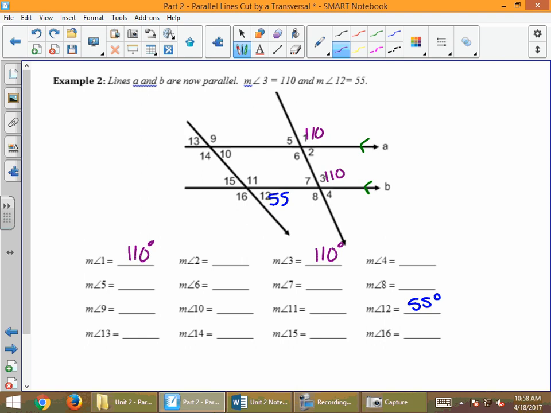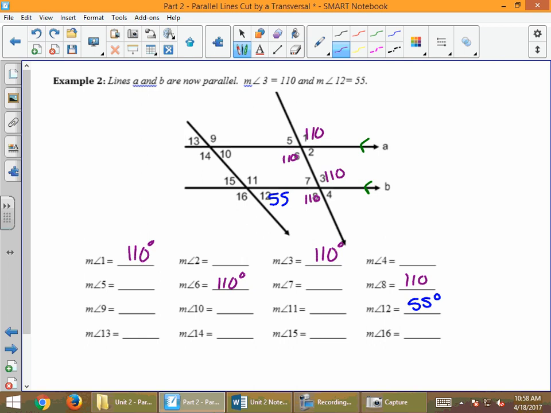With angle 1, its alternate exterior angle is angle 8, so that's also going to be 110. The alternate interior angle to angle 3 is angle 6, so that's also going to be 110. And that's about it. We found all the ones that are the same.